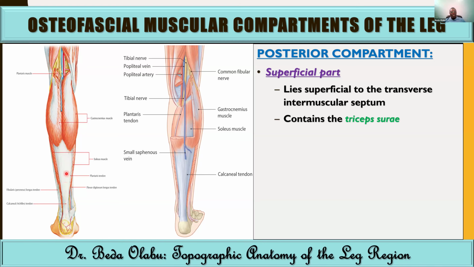It means that the points of attachments are well vascularized, but there's a zone that is watershed. The watershed zone is around the middle third of that tendon. This watershed zone does not have adequate blood supply. The blood supply is precarious.